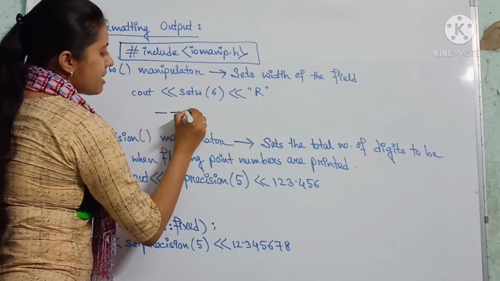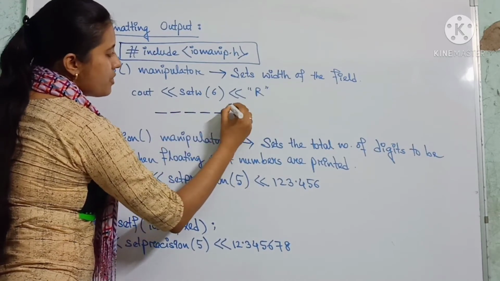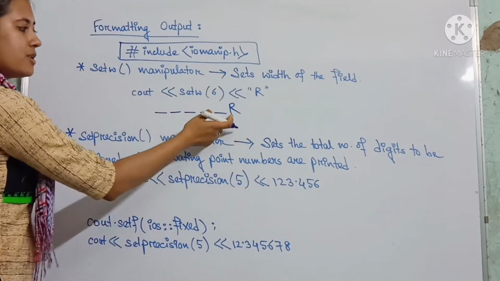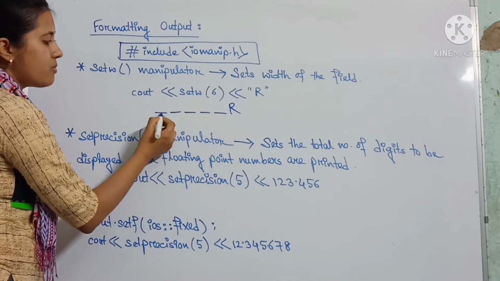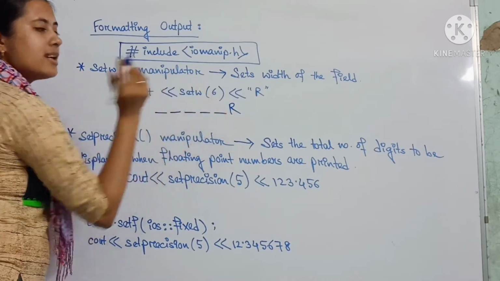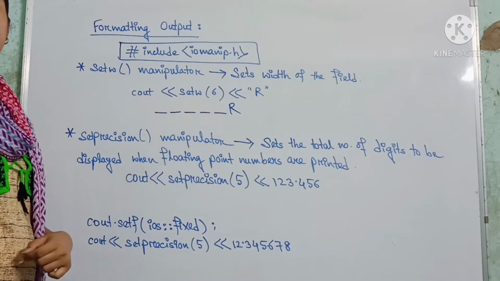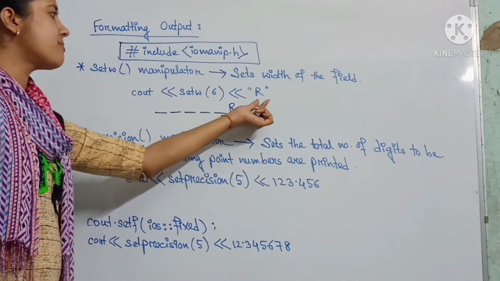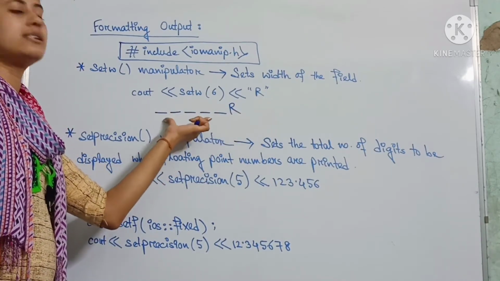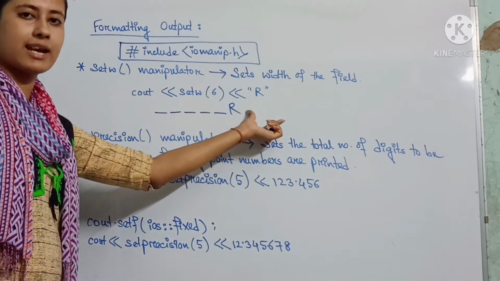The output will be 5 underscores, then r will be displayed. So the size of the field is 1, 2, 3, 4, 5, 6. That's why we have setw(6) here. Always remember that the underscore is displayed before the character, not after it.